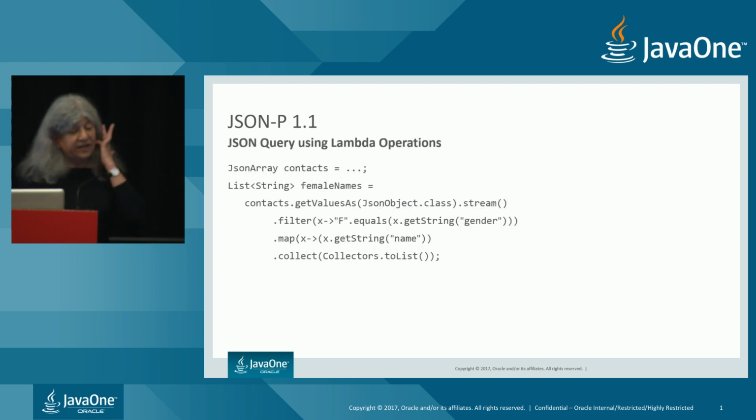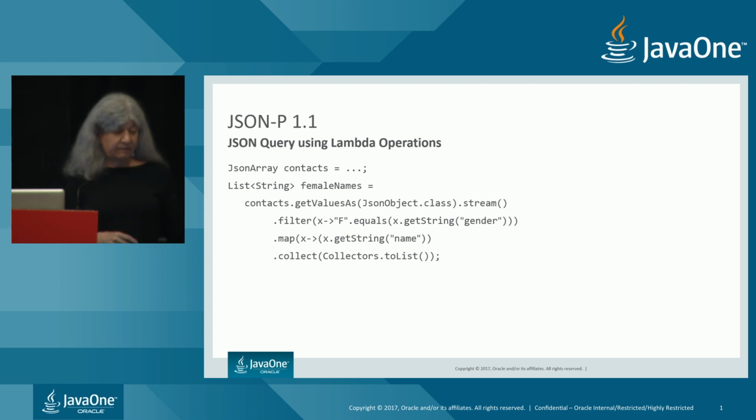And then finally, I'd like to talk about what we did with regard to support for SE 8 Stream operations. So here we've got what we can think of as a JSON query. We're using our contacts document again.